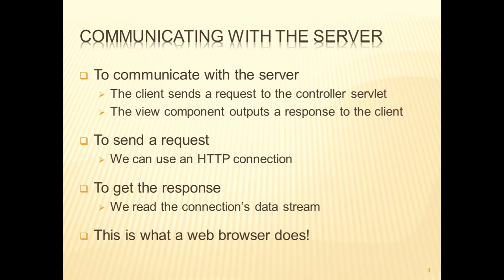That type being determined by the protocol that's used. So if we're using an HTTP connection, that means that we're using the Hypertext Transfer Protocol. And so long as our client interacts according to the rules of that protocol, there will be no problem. And so we can send the request, including any parameters that might be needed.